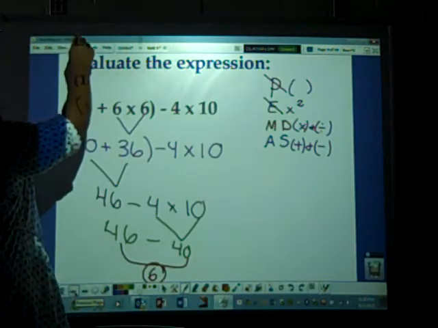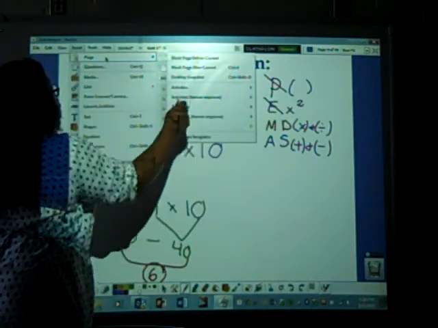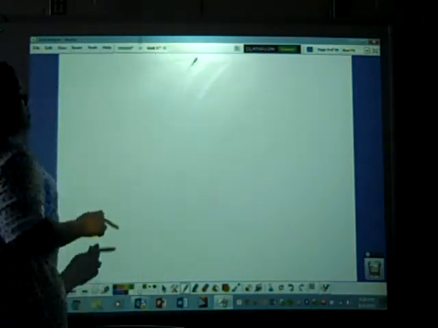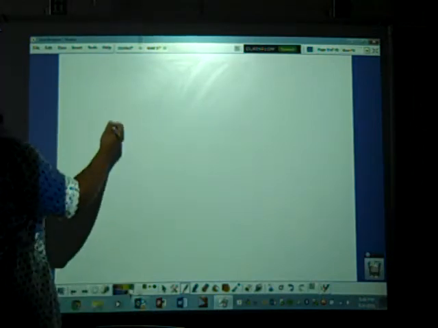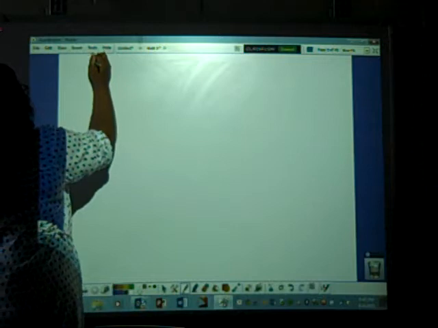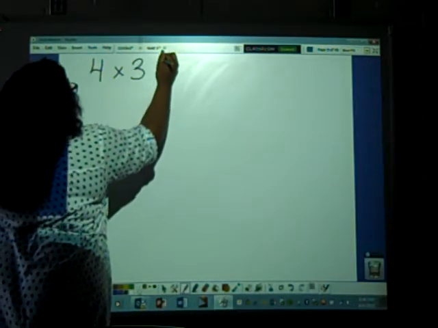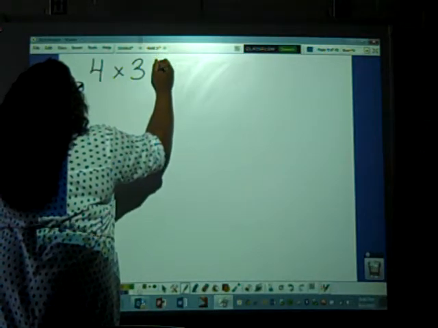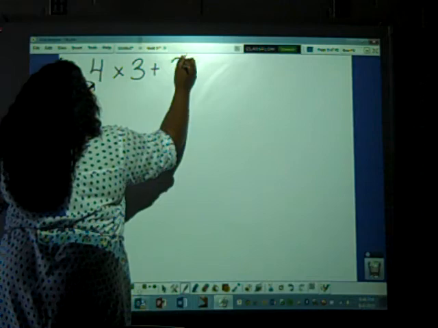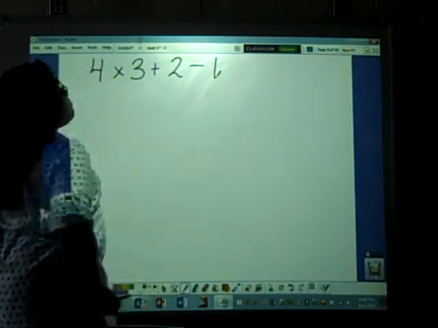And let's try another one. Practice this one, okay? Let's do 4 times 3 plus 2 minus 1.